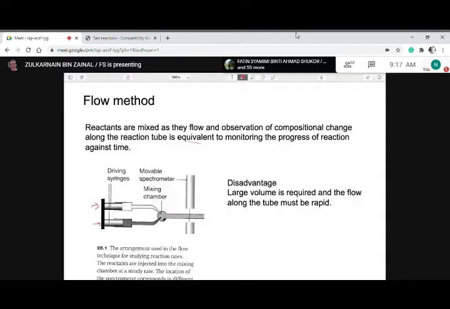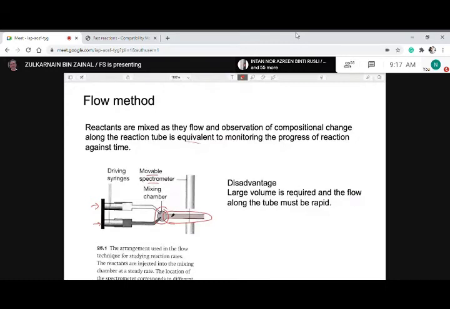The reaction occurs here, and then we can monitor the reaction along this tube, where you can move your spectrometer backward and forward to see what happened here, for example, and so on.